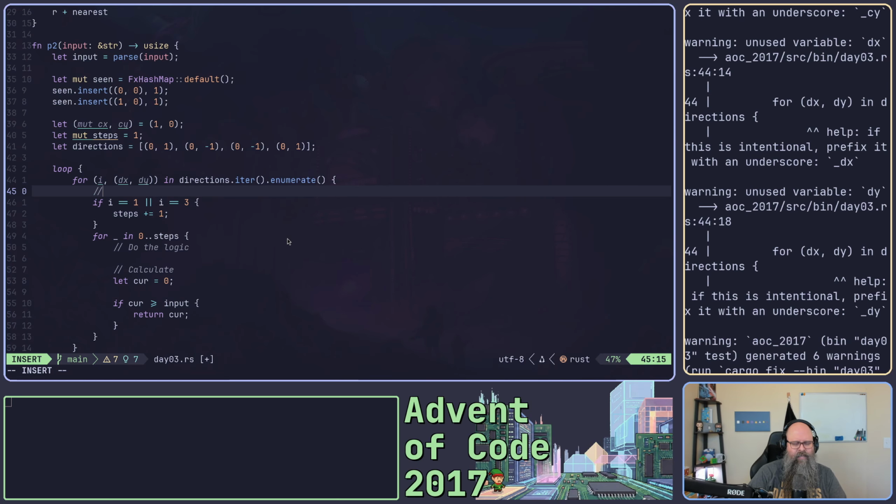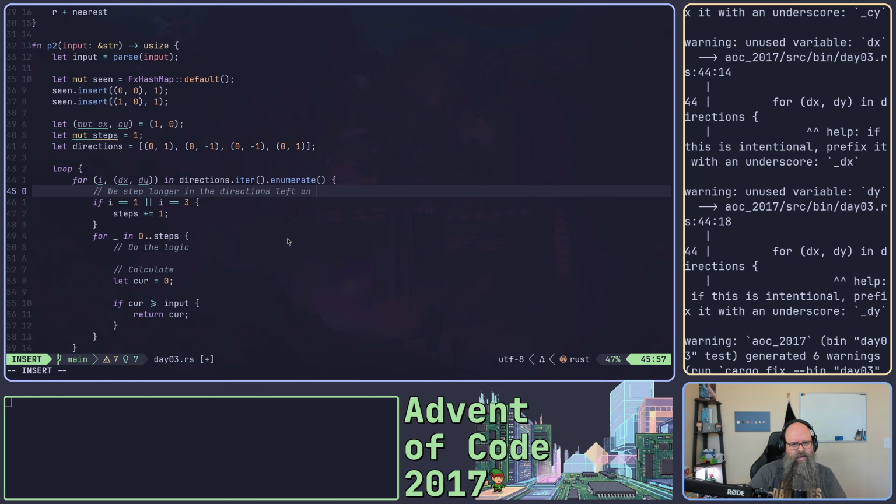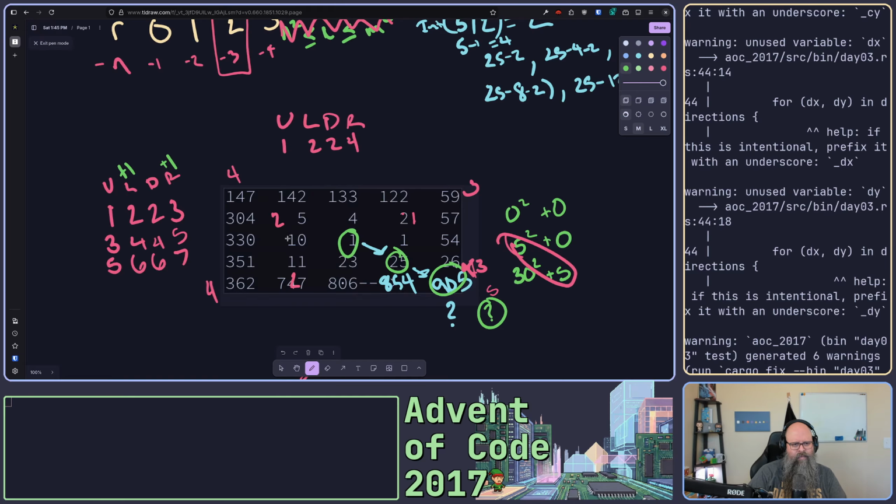So we step longer in the directions left and right. One, 1, 2, 1, 2. Okay, we go 1, 2, 3, 4.